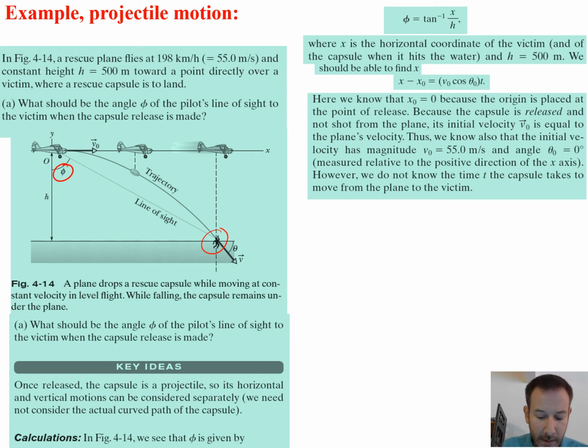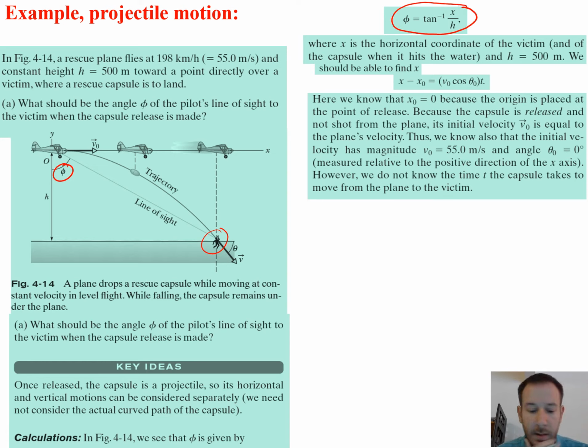All right, so once released, the capsule is a projectile. So its horizontal and vertical motions can be considered separately. Again, we want to break it into two different problems. So we don't need to consider the actual curved path of the projectile. We can just consider the line of sight shot. So we can actually just make a triangle. All right, so we see that phi is given by this equation.